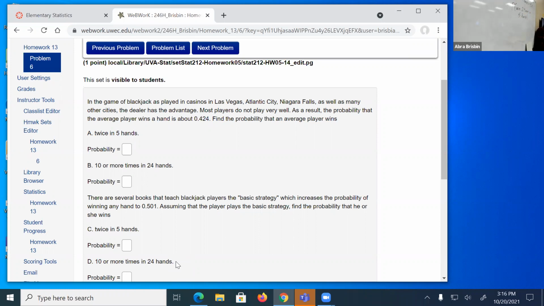All right. So we have a given probability of a yes result of winning on any one hand. And we have a fixed number of trials or hands. We have 5 of them. So what calculator function can we use, or what distribution can we use, to compute the probability that our number of yeses or successes is 2?